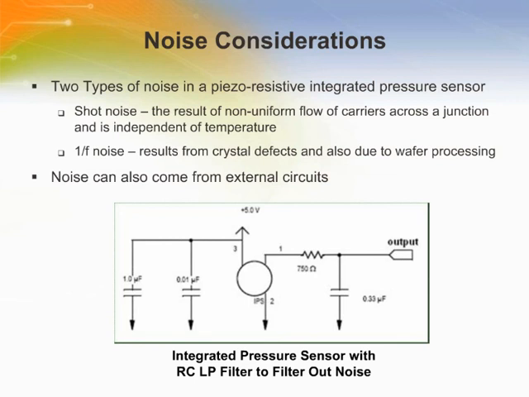Shot noise is the result of non-uniform flow of carriers across a junction and is independent of temperature. The second, 1/f, results from crystal defects and also from wafer processing. Noise can also come from external circuits in a sensor system. Power supply, grounding, and printed circuit board layout are important and need special consideration.